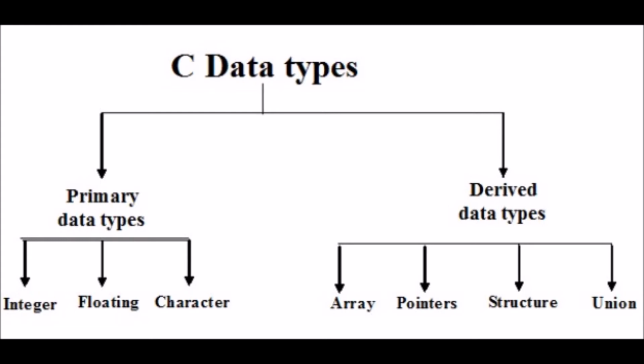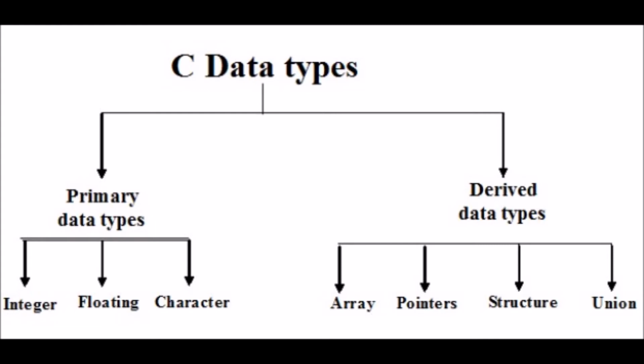So the type of data that a variable can hold is determined by its data type. Therefore, before declaring a variable, we specify the type of data that variable can hold. That means we specify the data type. Once the variable is created with its data type, the variable is ready for storing some data of that data type.